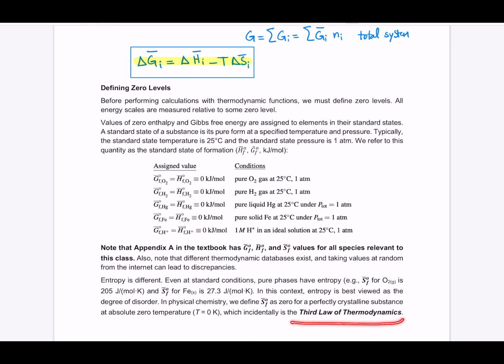So we really don't cover the third law of thermodynamics in this lecture, but basically what the third law says is that entropy is 0 at the absolute temperature of 0. So the perfect crystalline structure would be what we have at the temperature of 0.